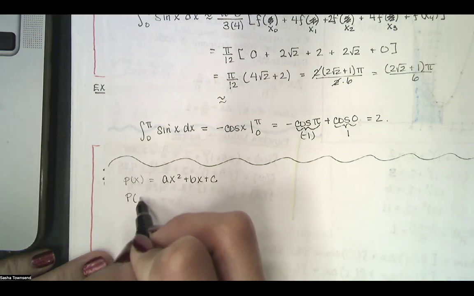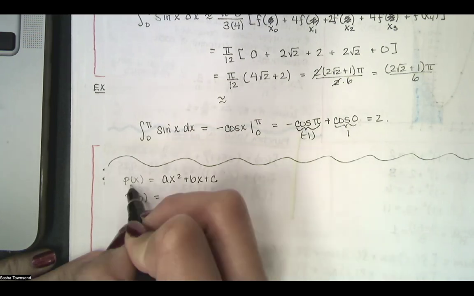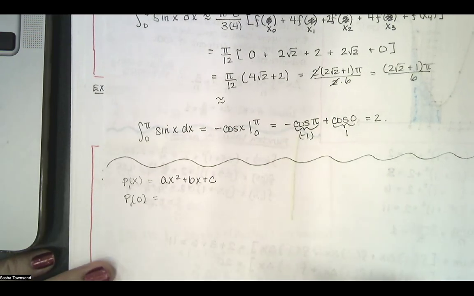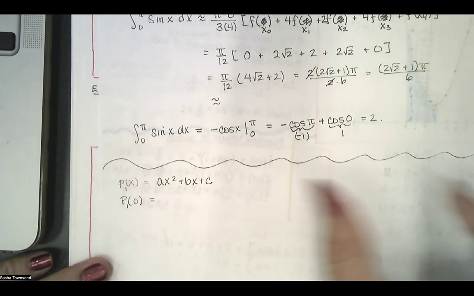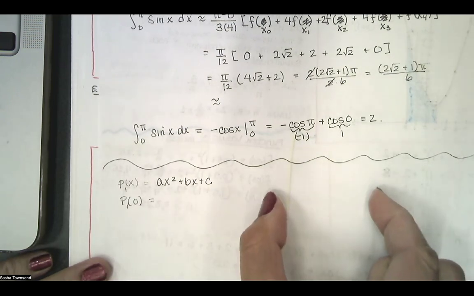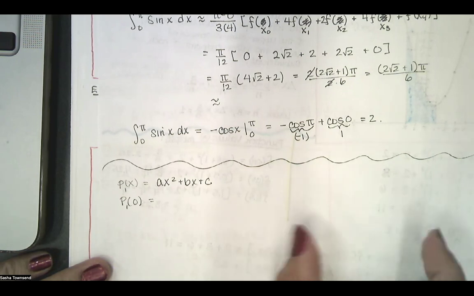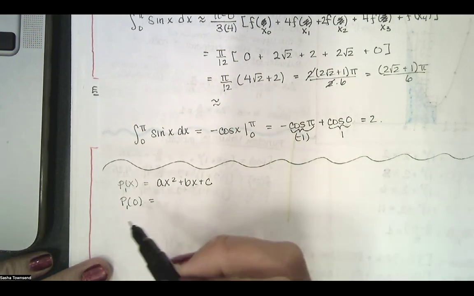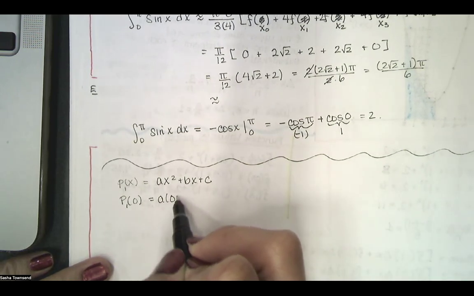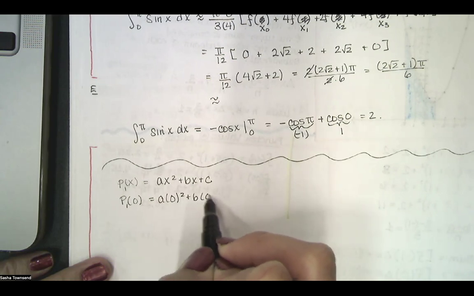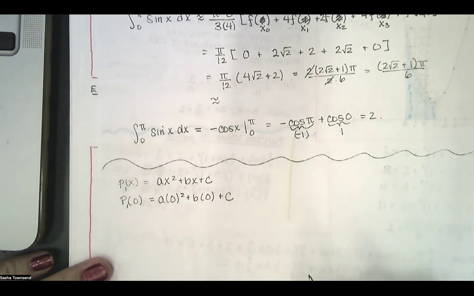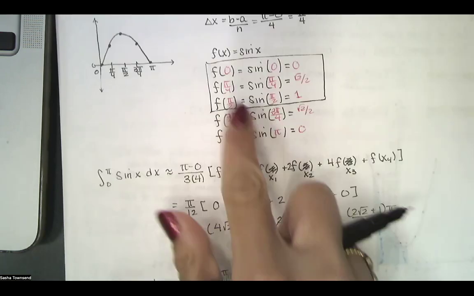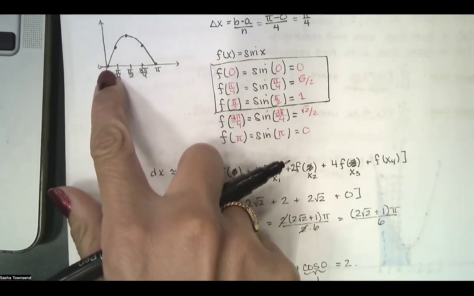Then at x equals 0, I'll call this p sub 1 for the first subinterval, or that first sort of double subinterval, right? Because it's doing that delta x plus delta x for those first 3 points. If I evaluate at 0, I just get c, and f of 0 is 0 because we're talking about the sine function.